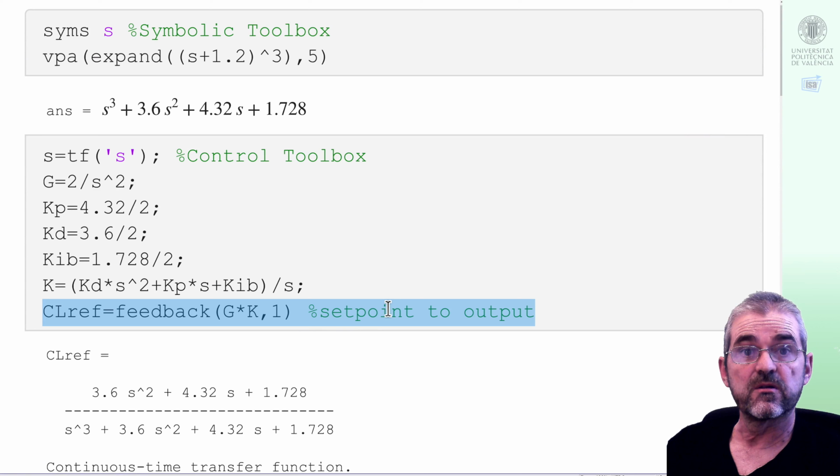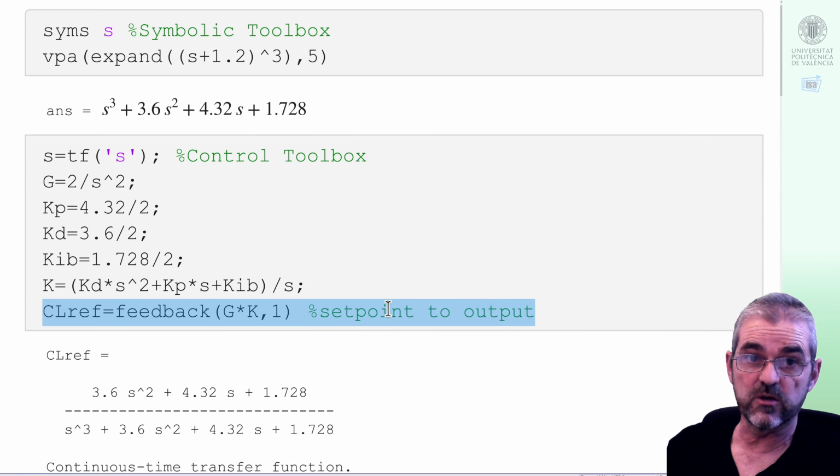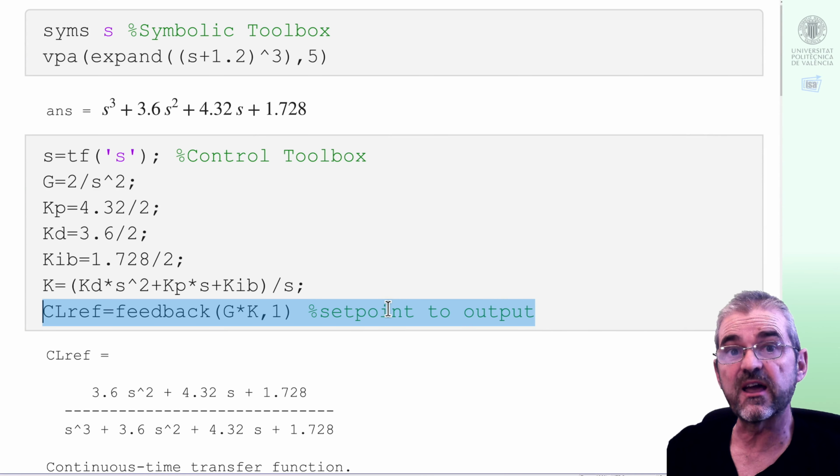And then the feedback command of Matlab computes the closed loop transfer function from setpoint to output. We worked with the error in our theoretical derivations, but what we will see in an experiment is the output, the mass moving, so I will simulate the output.